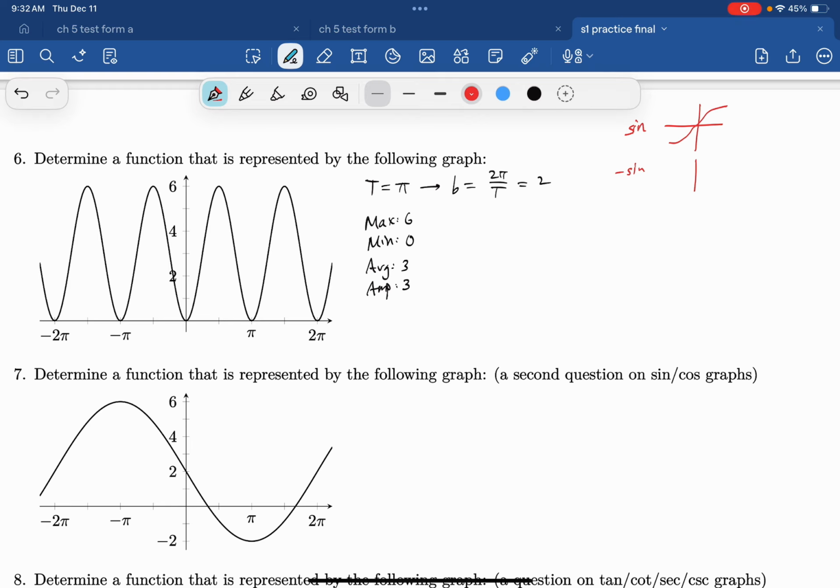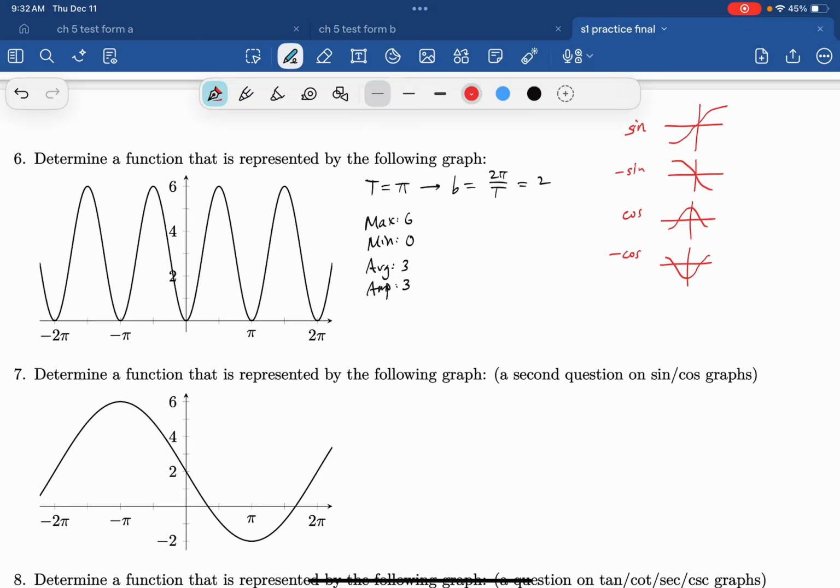Negative sine is just the reflection of this, so that passes through the origin with a negative slope. Cosine always passes through the y-axis with a peak. So this is cosine. And then negative cosine always passes through the y-axis with a dip. Just a reflection, right?